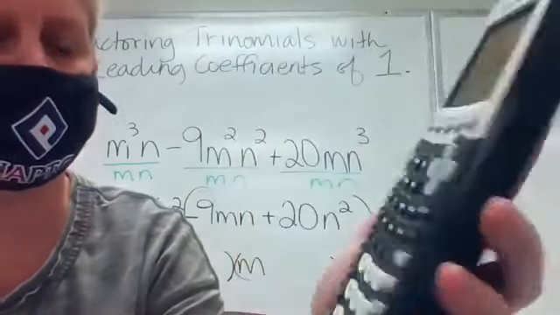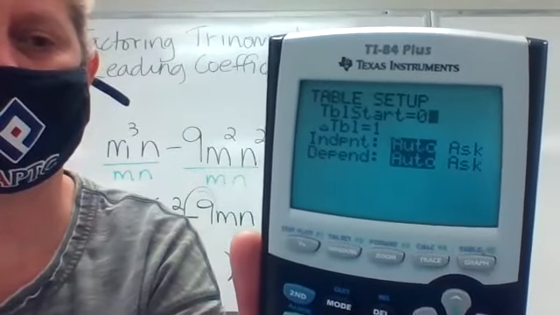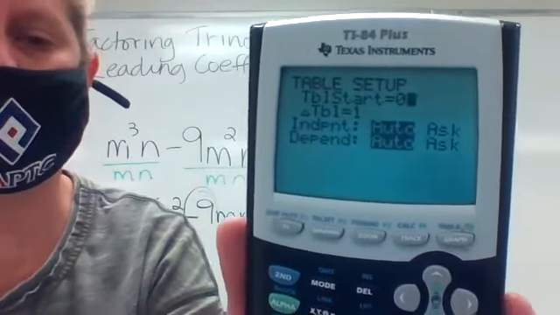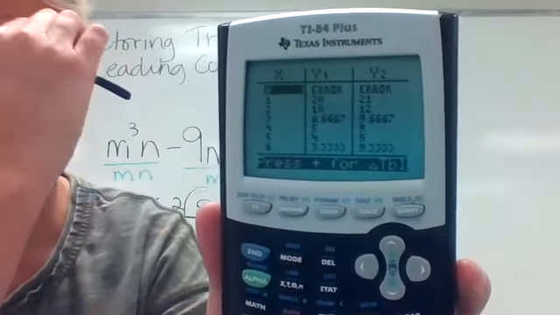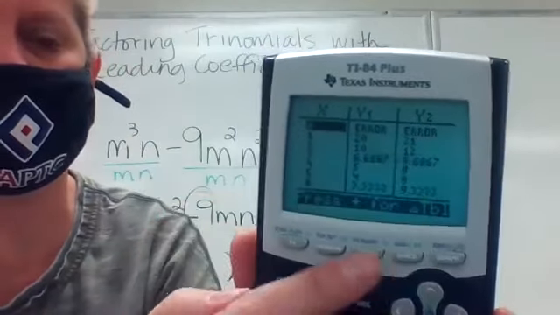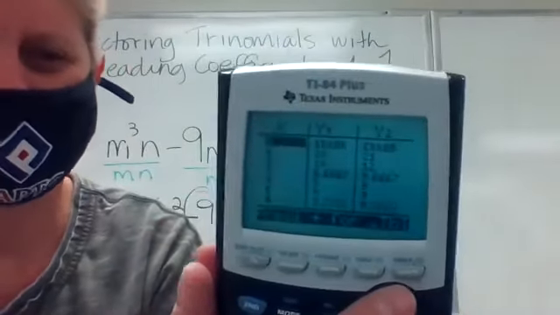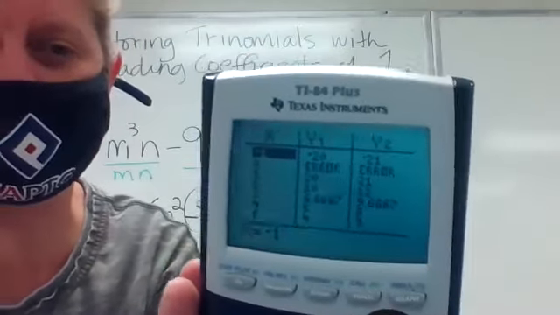Put a 0 right there. Just tell it 0. And then go back to second table. And then scroll up or down until you get that. What am I trying to get? -9 in your last column.